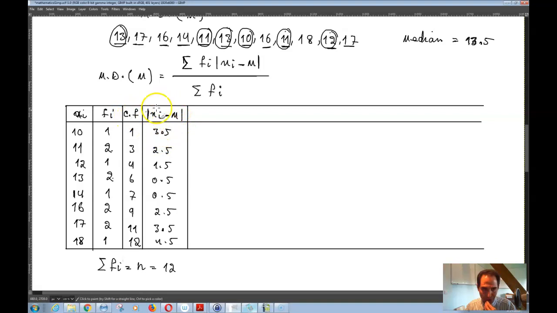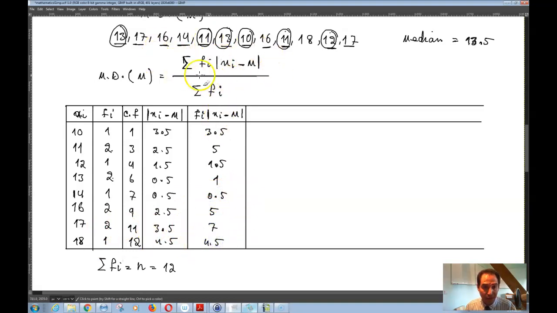Now you need to calculate f of i times the absolute value of x of i minus m, which is, for example, 1 times 3.5, 2 times 2.5 is 5, 1 times 1.5 is 1.5, 2 times 0.5 is 1, 0.5, 5, 7, and 4.5.